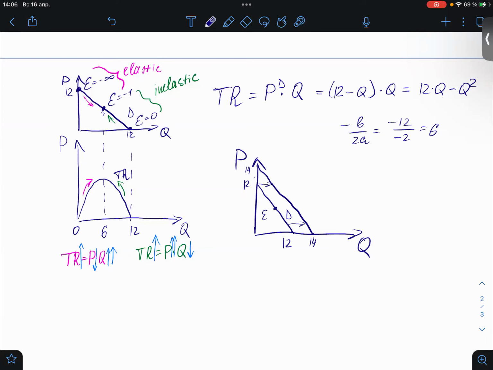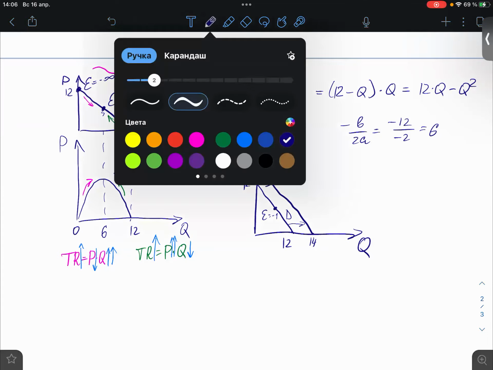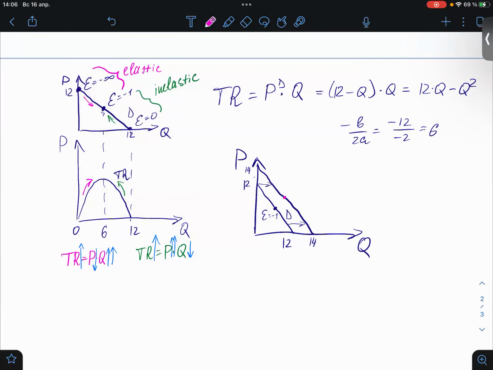Elasticity was equal to -1 in the center. Yes? And now the center is here. Elasticity here equals -1. So what does that mean? For each change in the price, you see, now elasticity goes down by module. It means, for example, for this price, before elasticity was -1, and now we are in the inelastic part.